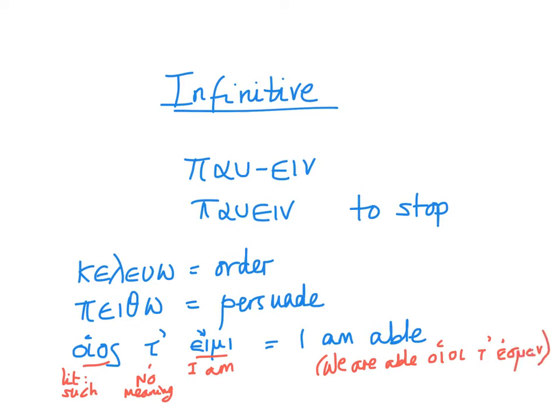It's a curious sort of verb, this one, but in many ways it's easier to recognise than many other verbs, because there's no other verb in the Greek language which has got that te in the middle, and it sort of leaps off the page at you, I hope. But be prepared to find it with different endings on the first word and on the last. So now let's look at some examples. And each time there's going to be one of these verbs, keleuo, I order, peitho, I persuade, and hoios te eimi, I am able.